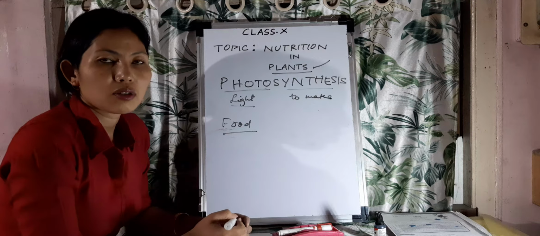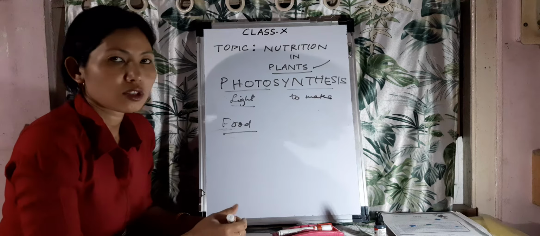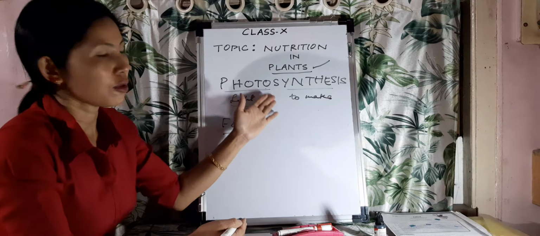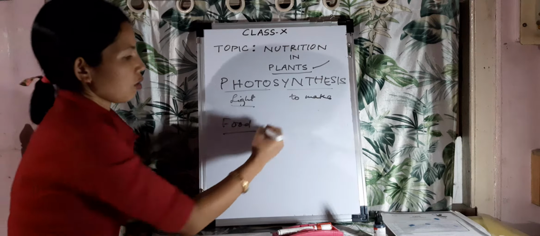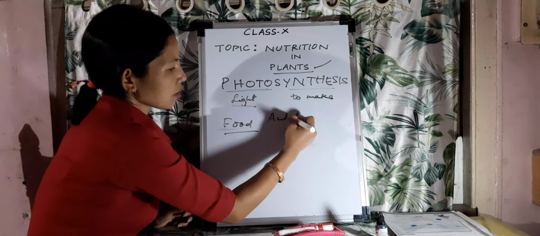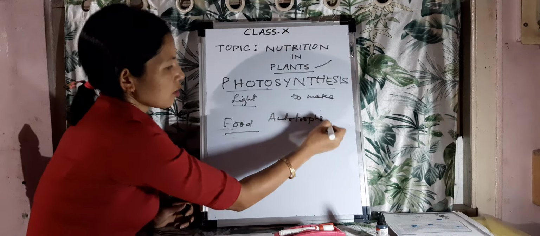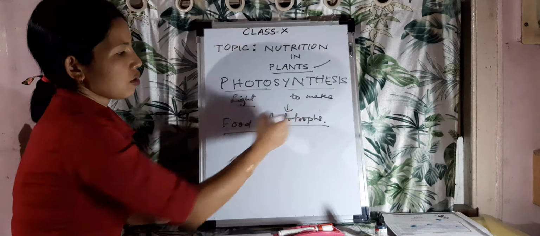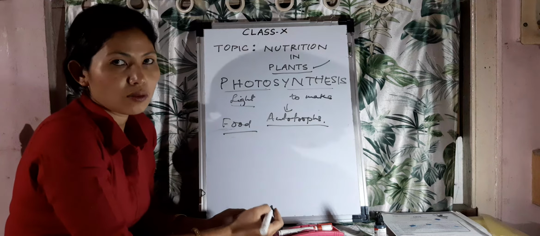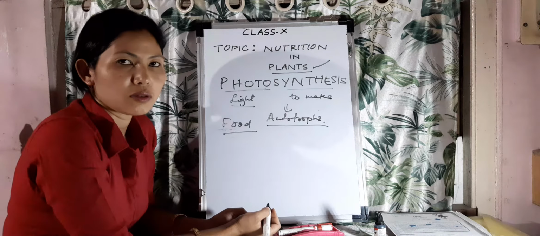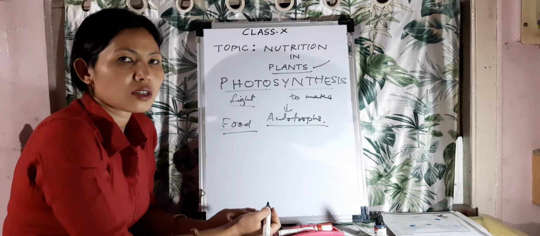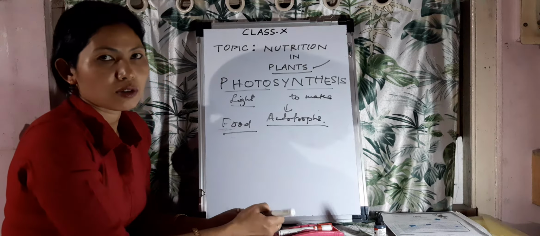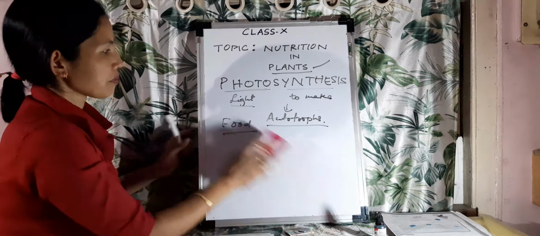So today we are going to learn in detail about the process of photosynthesis, and such a mode of nutrition is called autotrophs. That's why the mode of nutrition in plants is also known as autotrophic mode of nutrition. So in this video we are going to learn in detail about the process of photosynthesis.